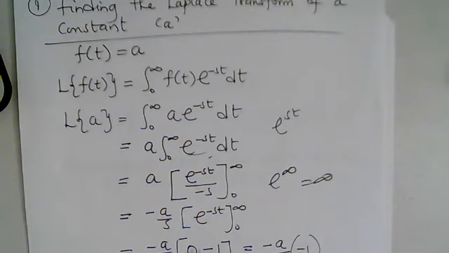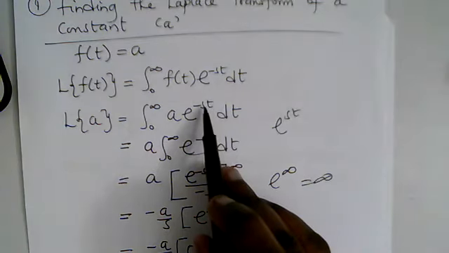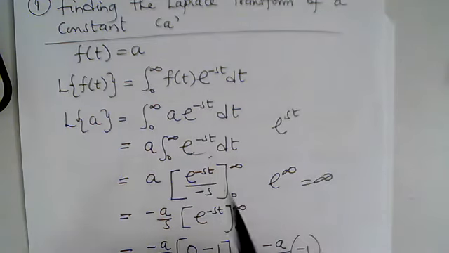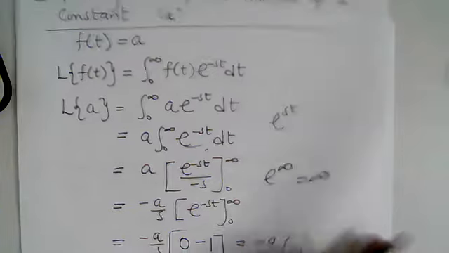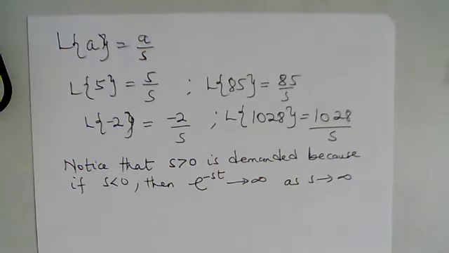So right here we are not going to get 0, we're going to get infinity. This is why s is always kept positive, so that our integral will converge.